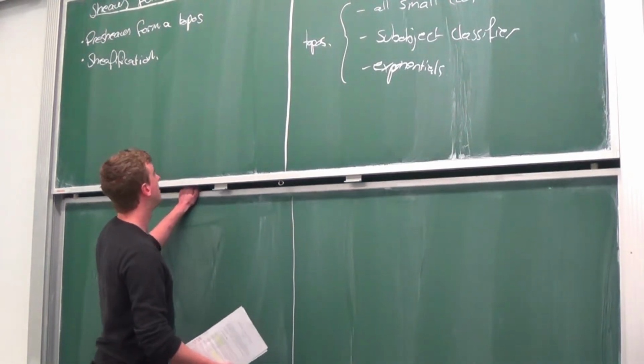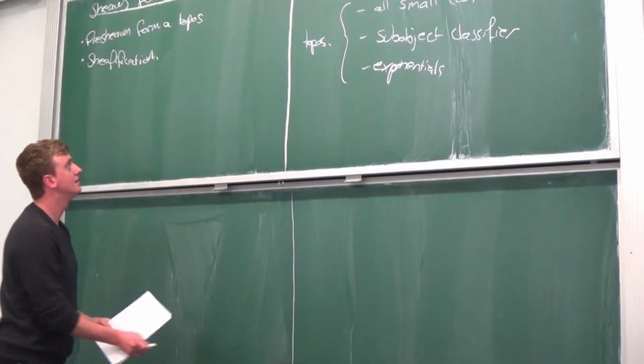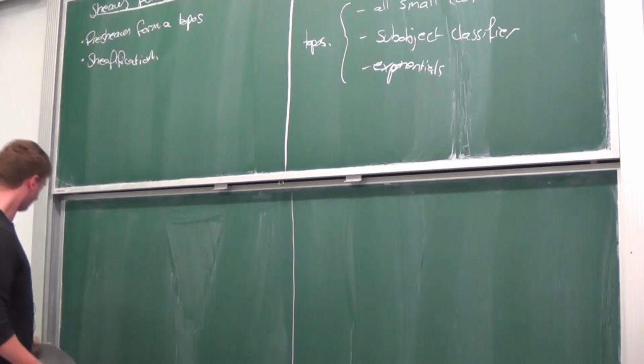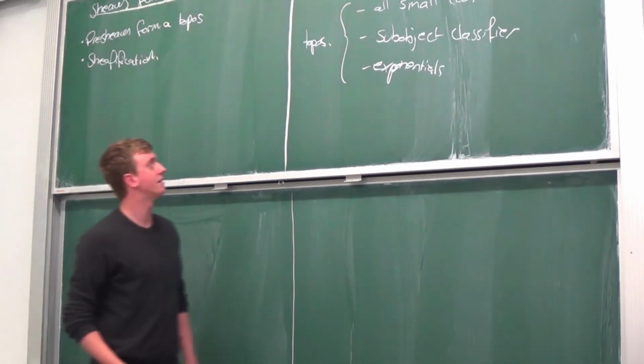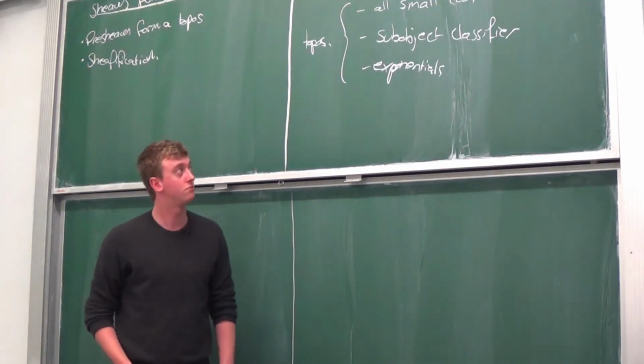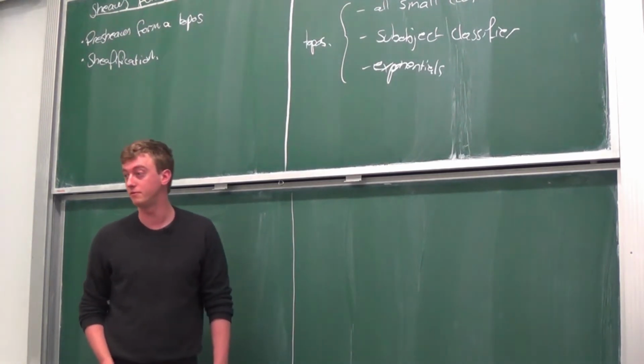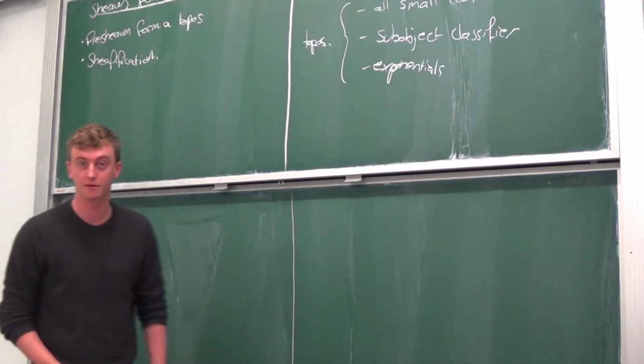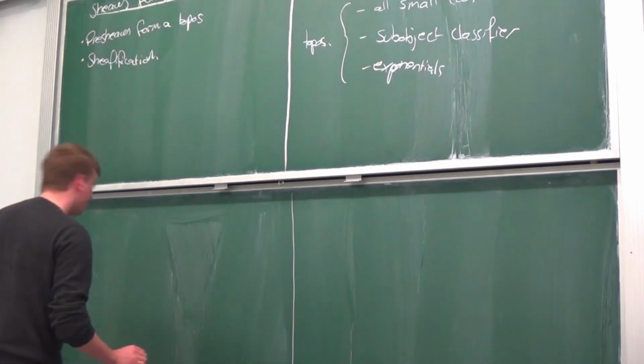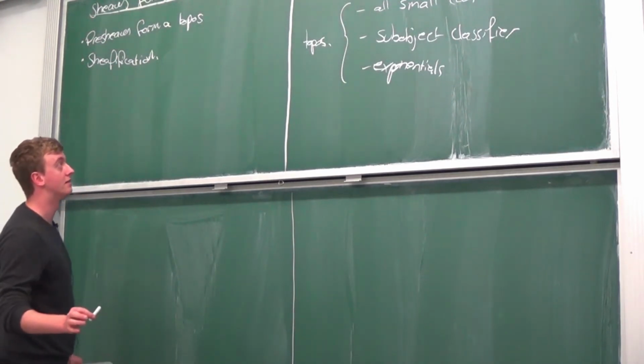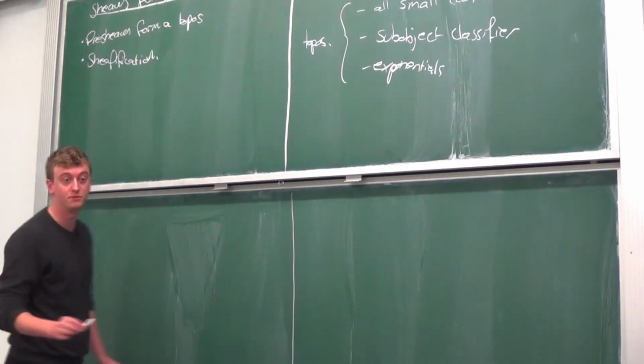To kick things off fairly easily, we recall that the category of sets has all small colimits and small limits. That's just a fact from basic category theory. I'll assume that's known. So we can use that straight away to define small limits and small colimits of presheaves.